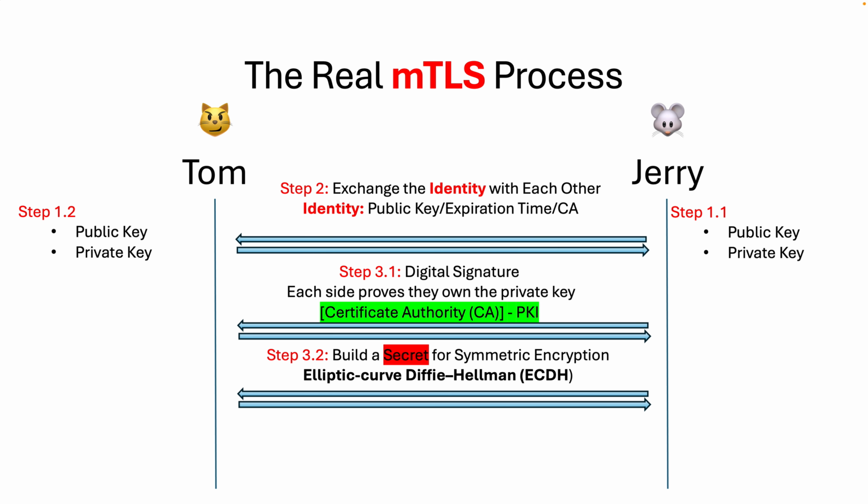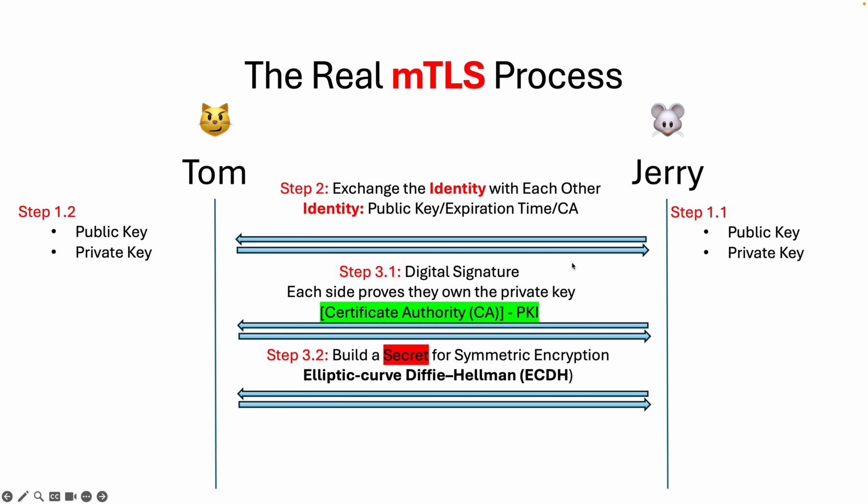If the signature is valid, it proves they really own the matching private key, and that identity in the certificate is real. Remember, in asymmetrical encryption, a private key is used to sign, and the public key is used to verify that signature, which means only the real owner of the private key could have created that signature.